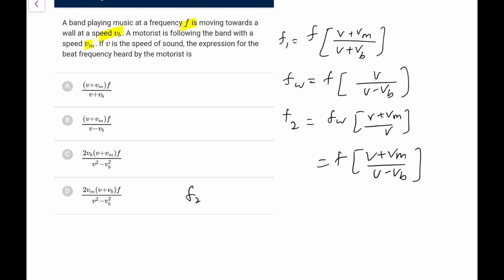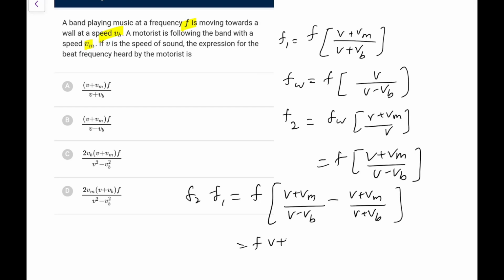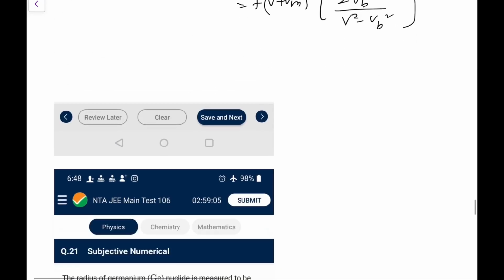So the difference f2 minus f1 is the beat frequency, f you can take as common, v plus vm upon v minus vb minus v plus vm upon v plus vb. So what you have, take v plus vm as common, here vb will not go, it will add, 2 vb upon v square minus vb square. So now this is an easier one, go for the option third. In this case option C is the right one.